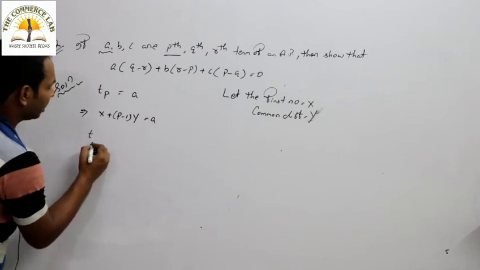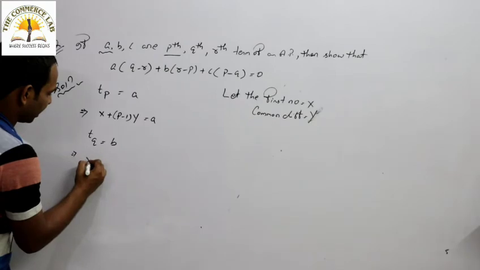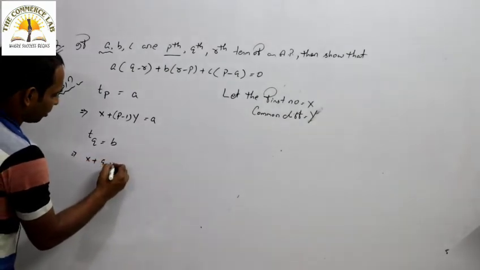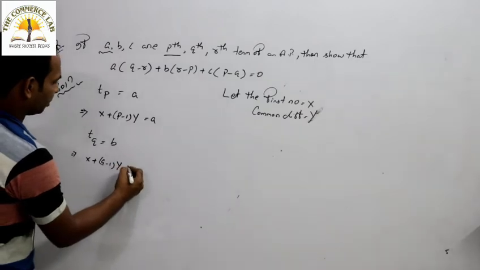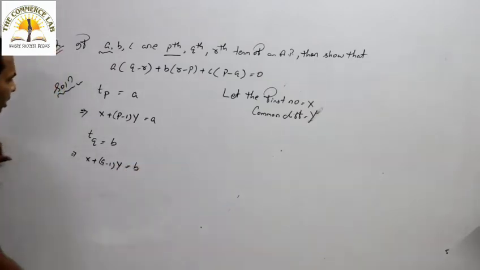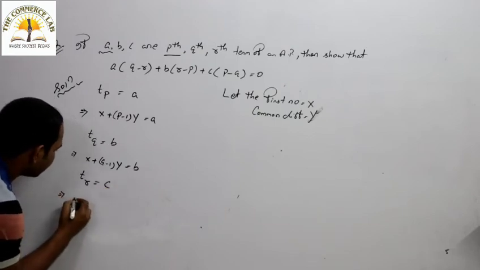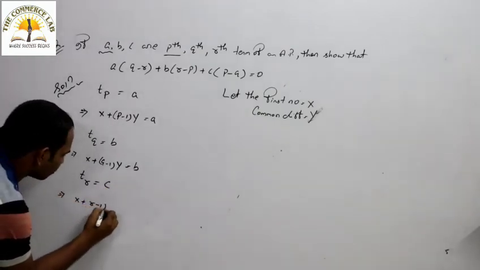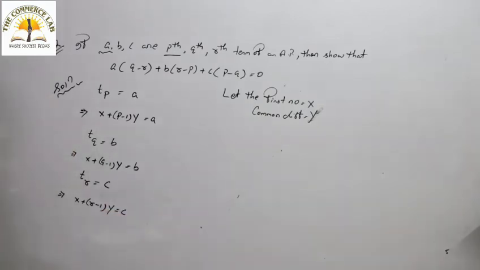Similarly, Tq is your b. This implies x plus (q minus 1) into y is your b. Tr is your c. This implies x plus (r minus 1) into y is your c.